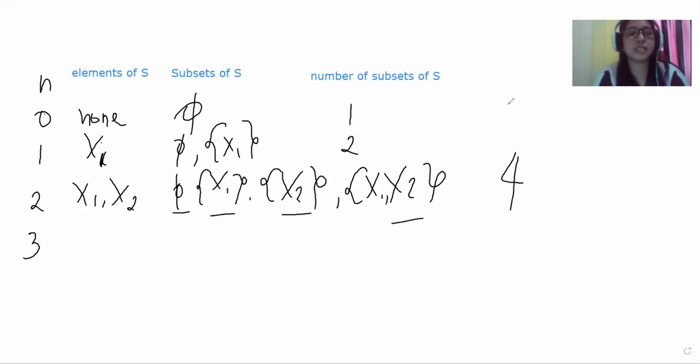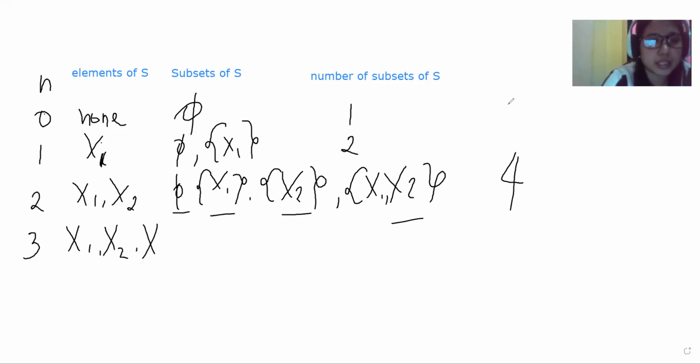For n equal to 3, let's have x sub 1, x sub 2, and x sub 3.